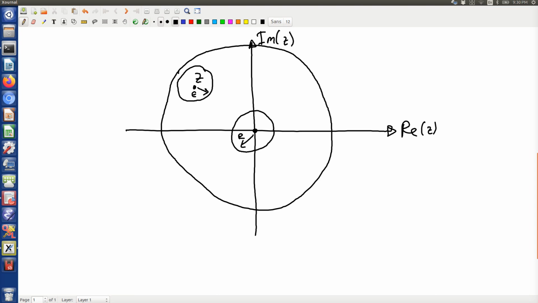Now these circles are oriented in a particular way, and really I'm going to be worried about analyticity inside this annulus shaped region. f is analytic inside this region. And while r is given to us, epsilon is not.